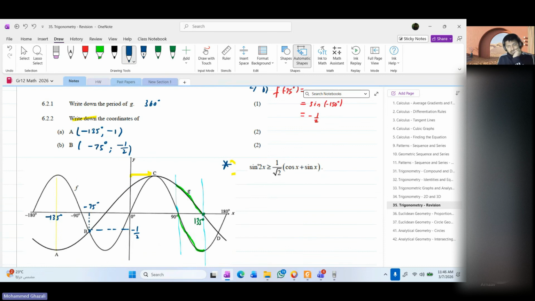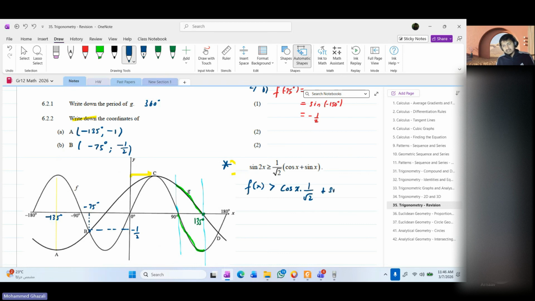Right, so another question, this is f of x. We know that f of x is greater than. You take this 1 over root 2 inside the brackets, because we need to try to make this g of x. How? Cos x times 1 over root 2 plus sine x times 1 over root 2. You'll understand why I'm writing it out like this.